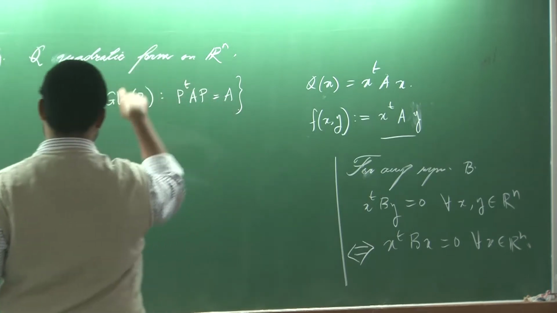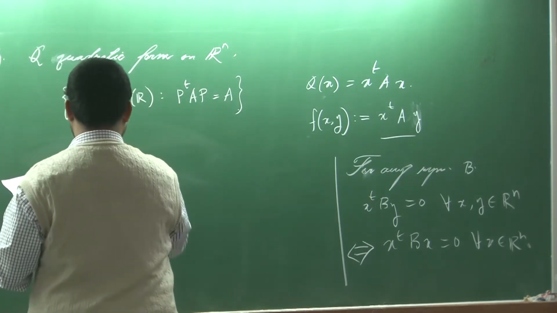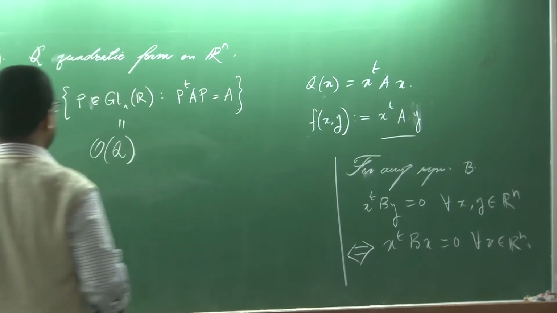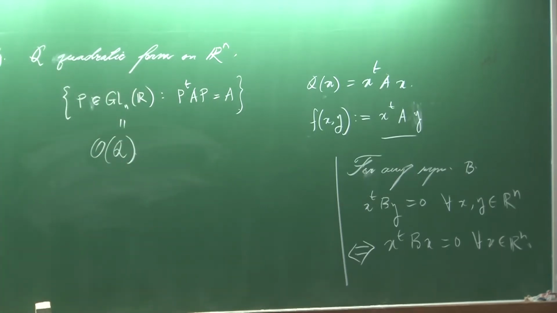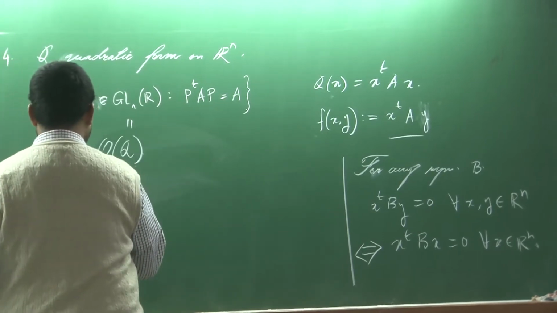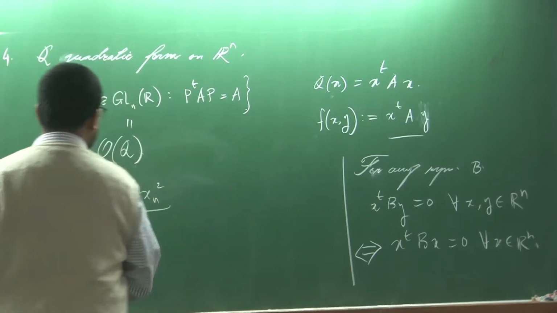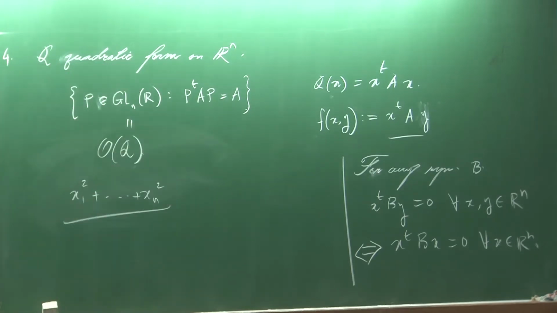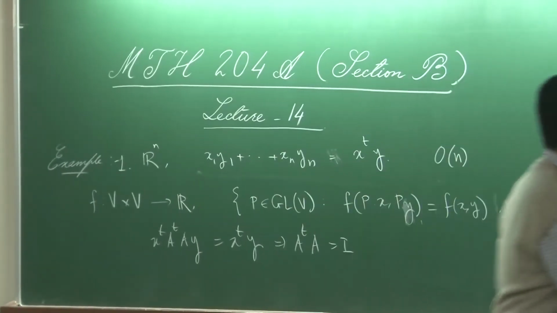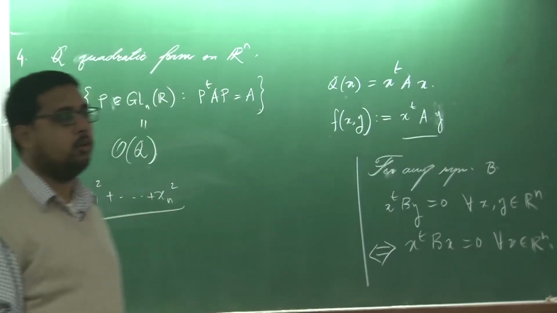All right. So, given any quadratic form, this stabilizer is called the orthogonal group of that quadratic form. The reason for calling it the orthogonal group is very simple. If this is my quadratic form, then from what we have observed, its stabilizer is nothing but the stabilizer of this bilinear form, which happens to be the orthogonal group of matrices.